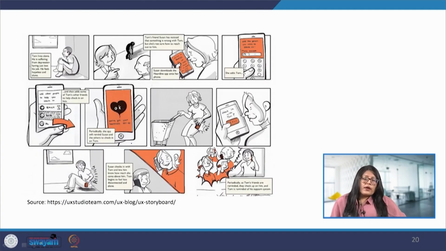So, storyboarding also has some benefits or advantages. So, they have visual benefits, that images or illustrations or storyboard can speak more powerfully compared to words, and they add extra layers of meaning to the project.